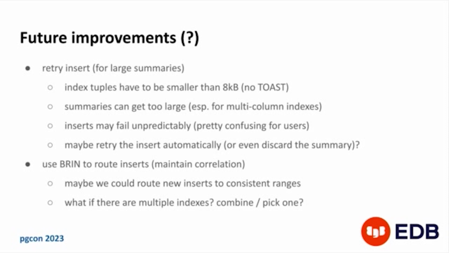I'm not sure how feasible that is or how expensive that would be, but at this point, we are not maintaining any correlation at all. It's pretty much guaranteed to degrade over time. And there are of course a lot of open questions, like what do you do if you have multiple BRIN indexes that should be respected like this?